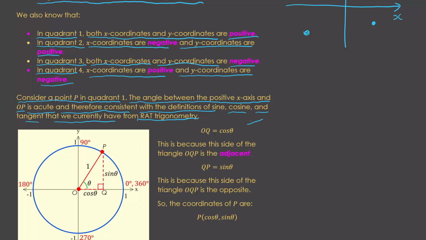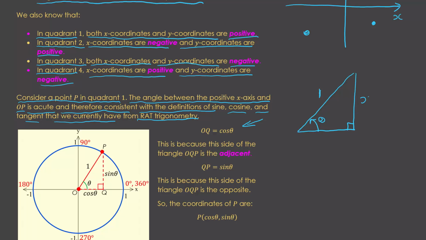Now I'm just going to explain how we get the stuff that's written next. So we've got the point OP, and we know that this length is 1 because it's a unit circle. We've called the angle theta, and remember it's measured from the positive x-axis.